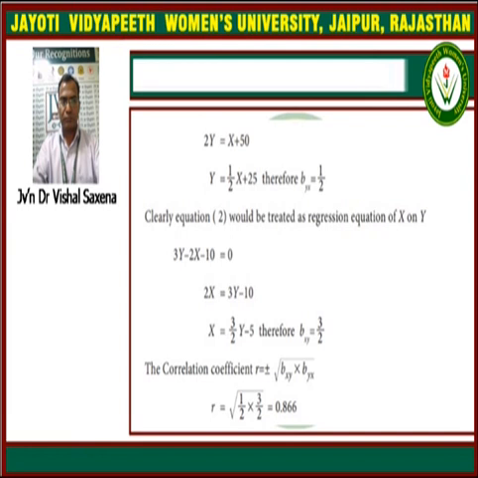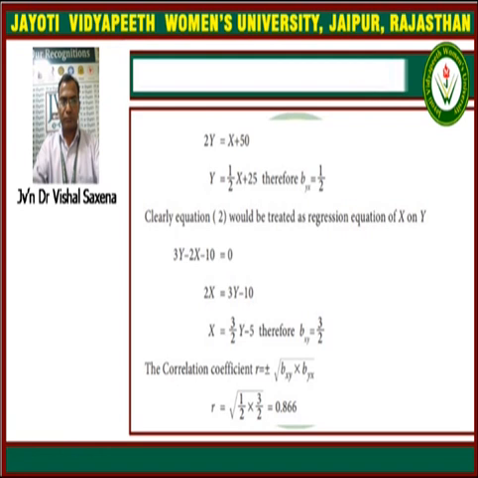Now here r is taken positive because of a property of the regression coefficients: the three coefficients, the correlation coefficient and the two regression coefficients, will have the same sign.